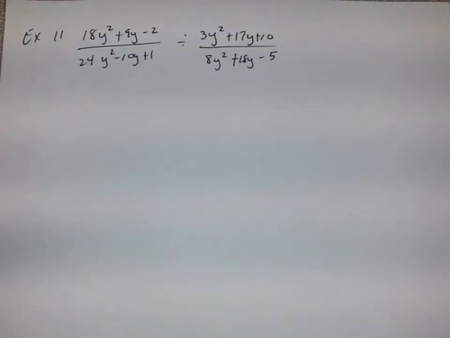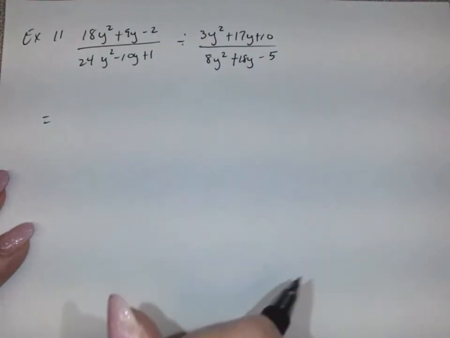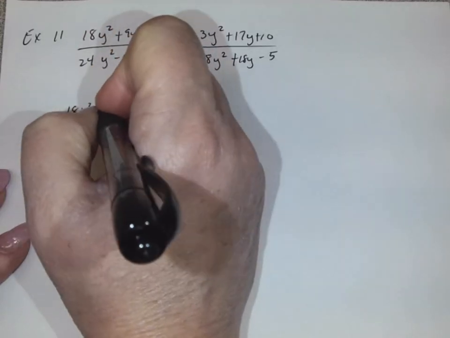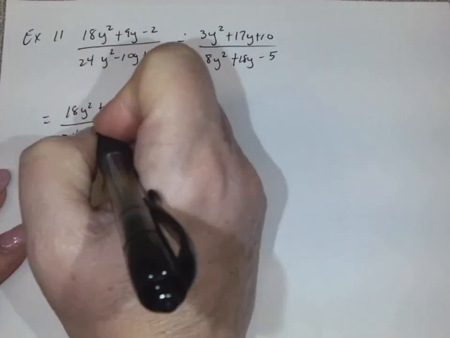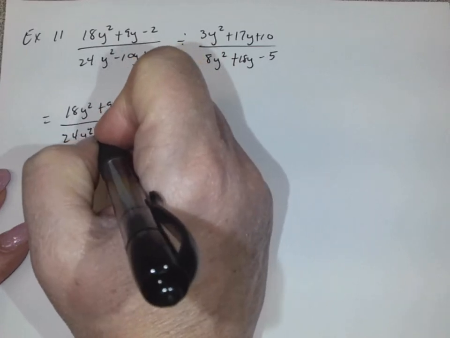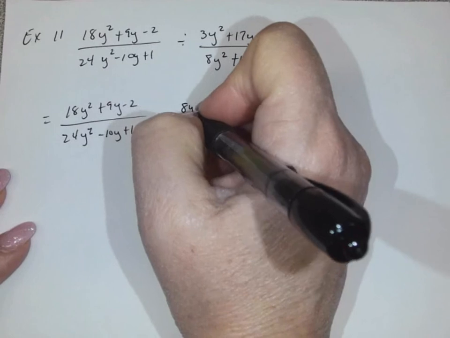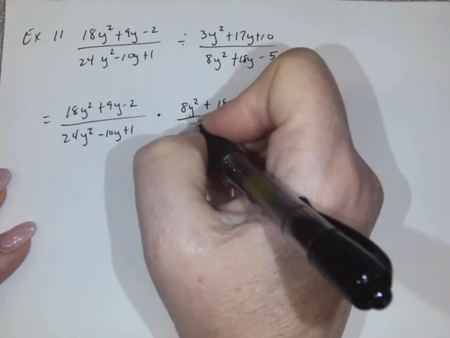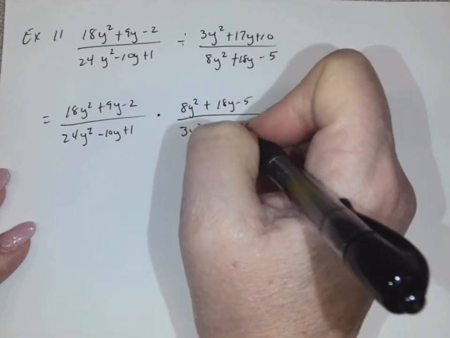All right, like I said before, the first thing we have to do is flip that second fraction and turn it into multiplication. So 18y squared plus 9y minus 2 over 24y squared minus 10y plus 1 times 8y squared plus 18y minus 5 over 3y squared plus 17y plus 10.